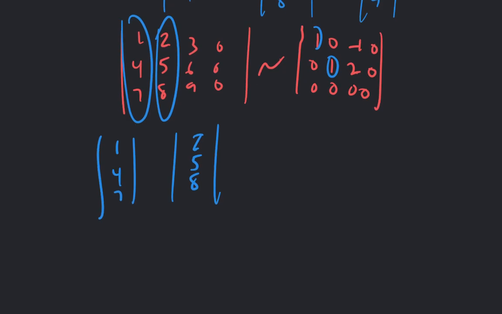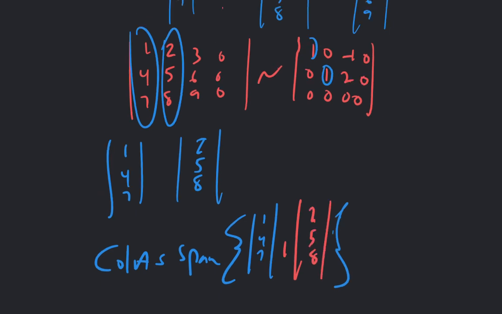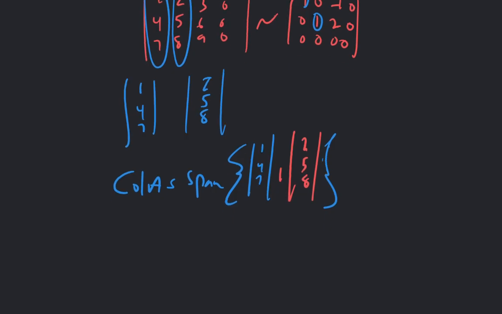So the column space is a span of these two vectors. And because it's two-dimensional, this has a dimension of 2.